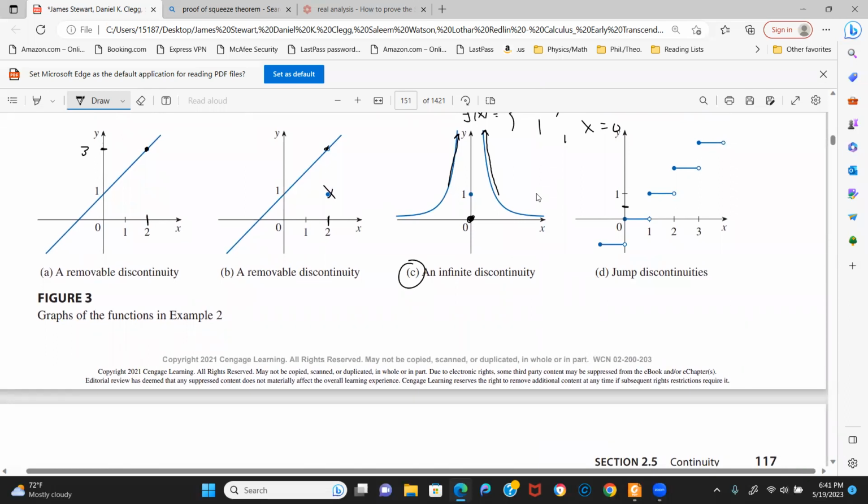So if you plug in, oh, sorry, no, let me see. If you plug in 1.5, you get 1. Okay, so this function, it's like the greatest integer function.